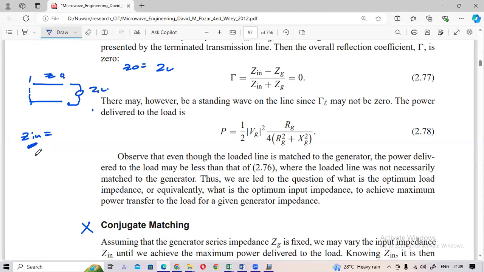Just take the transmission line impedance equation, then equate Z naught and ZL. Then check what is the Z in value, the impedance at this point.